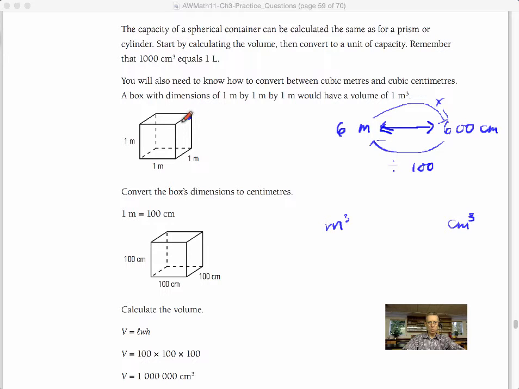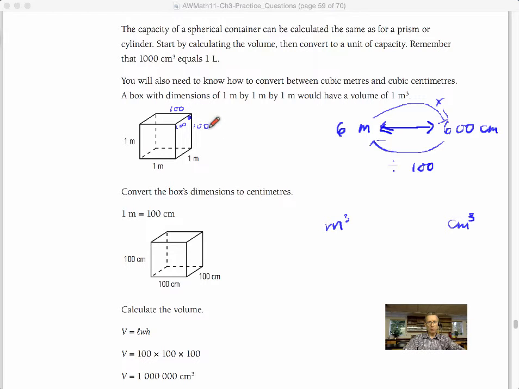And there are 100 of them along here, 100 along here, and 100 down here. 100 centimeters in a meter.